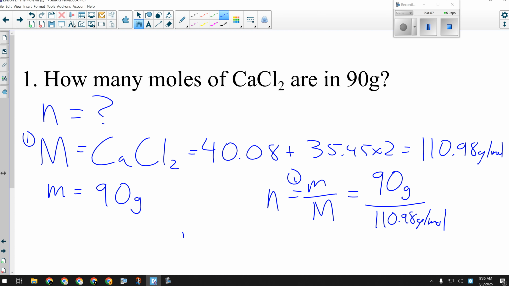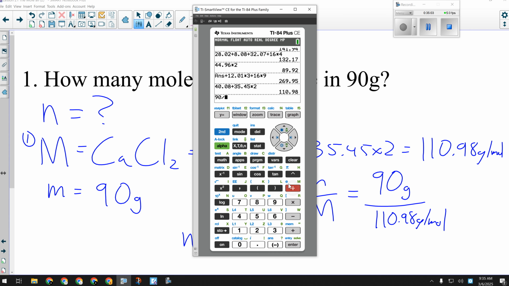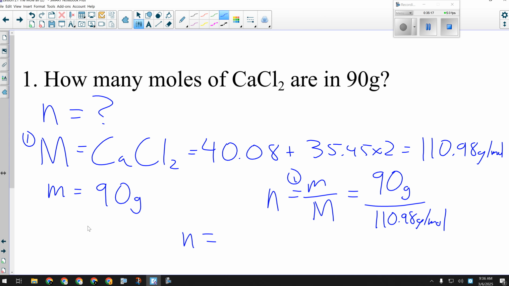But you would get a mark for your final answer. So we would go 90 divided by 110.98. Is it okay that we got a decimal? Yeah, we have less than a mole, right? One mole is 110 grams. We only had 90, so it makes sense that it should be less than 1. 0.81.